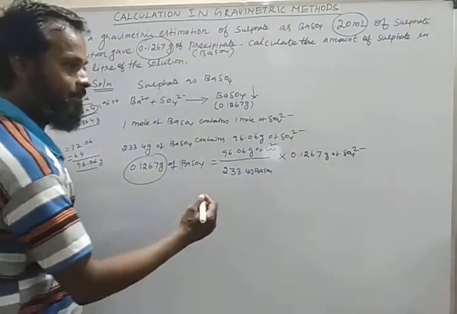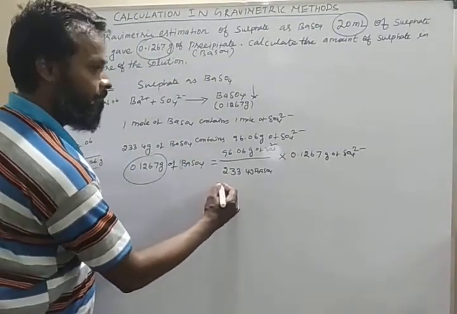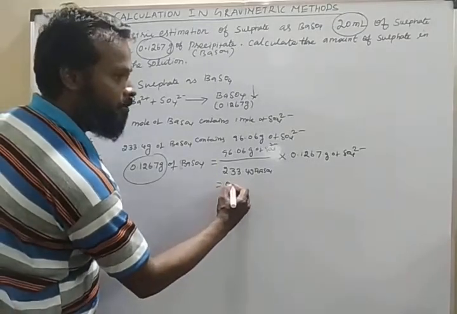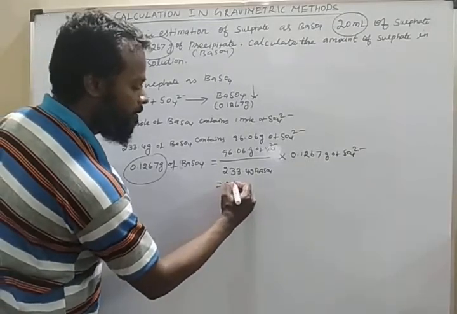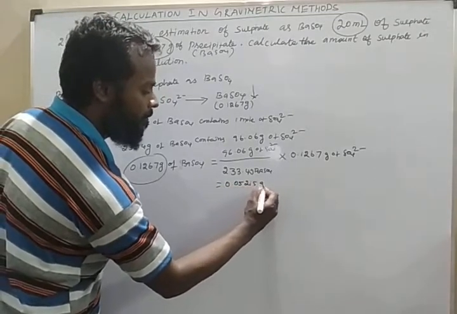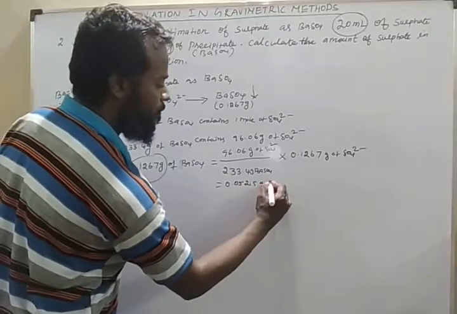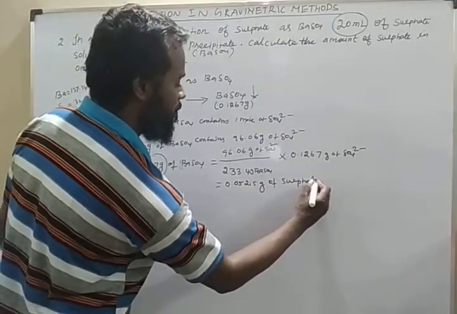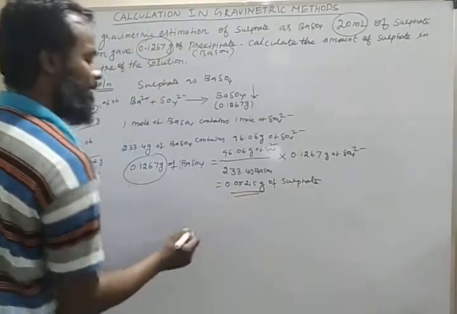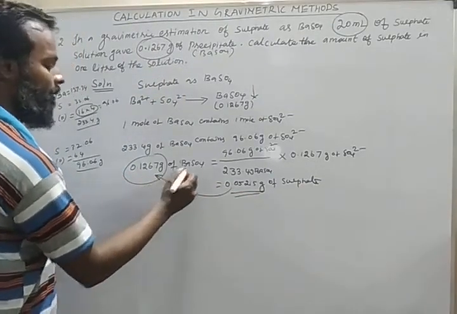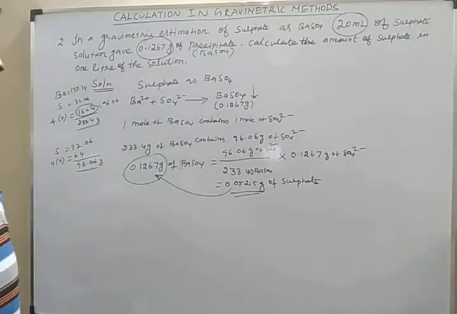If you solve this, you are getting the value that is equal to 0.05215 gram of sulfate. So this amount is present in this much amount of barium sulfate.